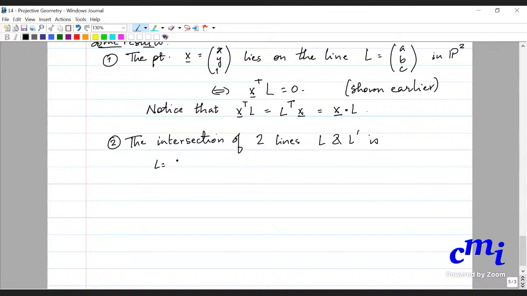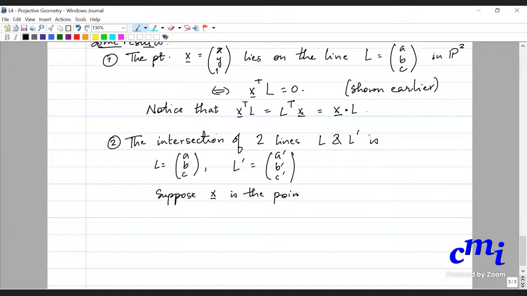Suppose L is the line (a, b, c) and L prime is the line (a prime, b prime, c prime). Now intersection means that the point lies on both. So suppose x is the point of intersection.